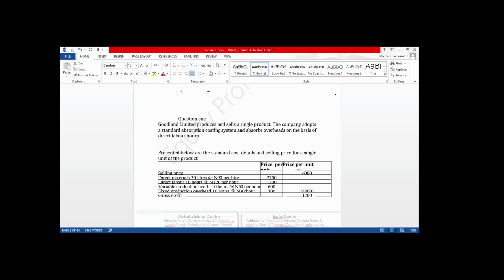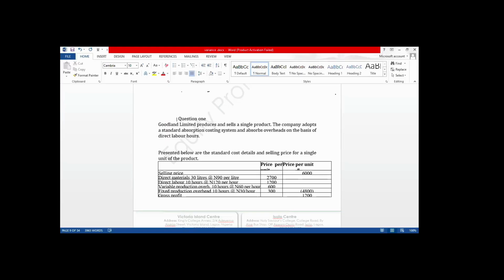If you multiply 10 hours by the rate per hour, 10 hours multiplied by 120, that will give you 1,200. That 1,200 is direct labor cost per unit. That 120 naira is direct labor cost per hour. So guys, learn how to differentiate between labor cost per hour and labor cost per unit.